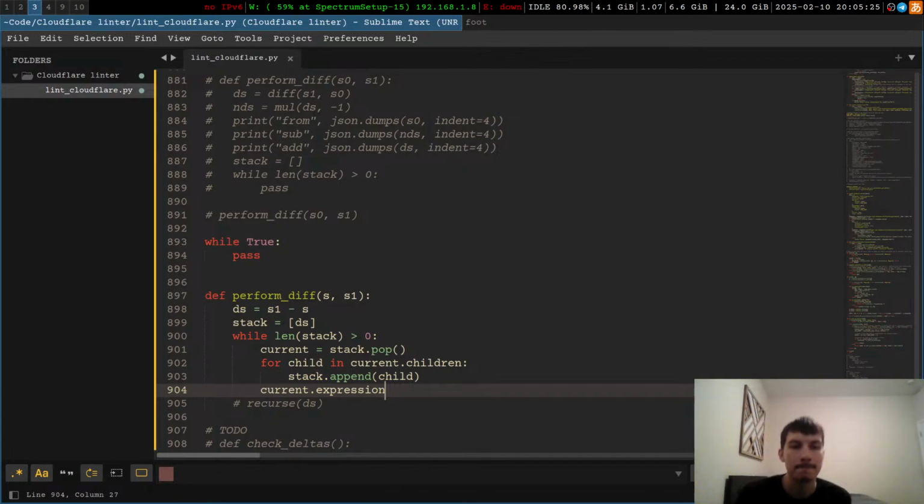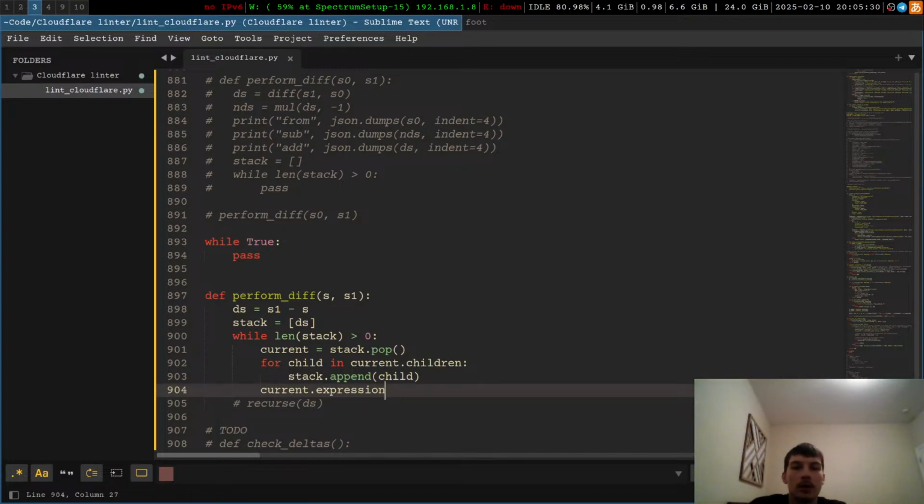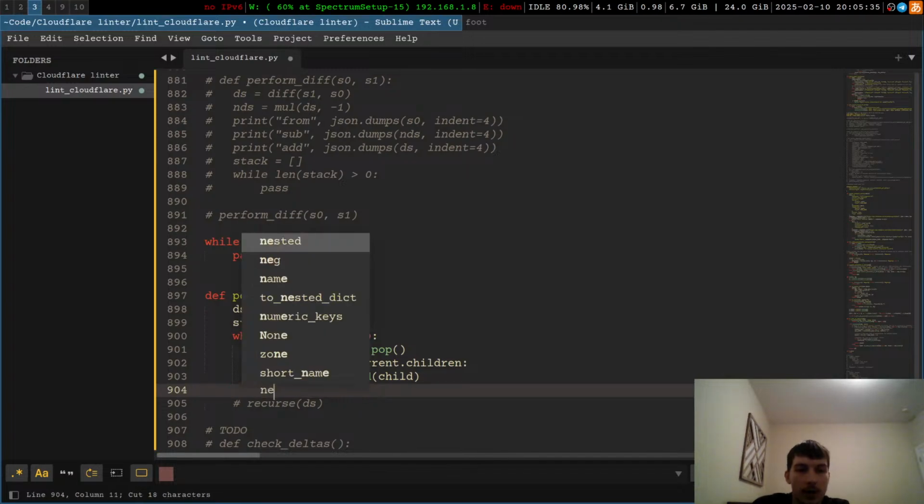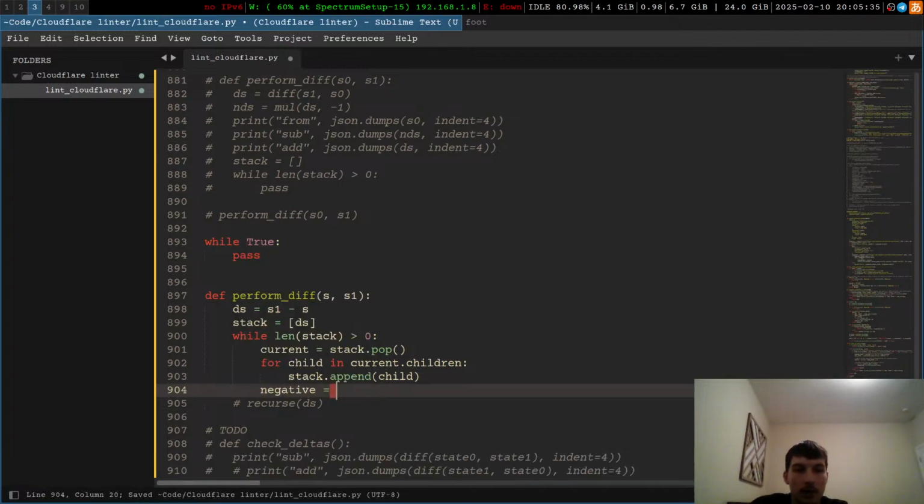So let's just do this. We have an expression, and then we say negative equals negative terms.